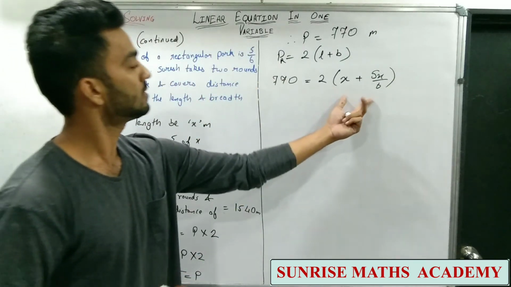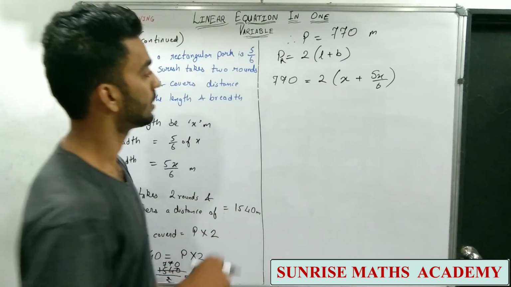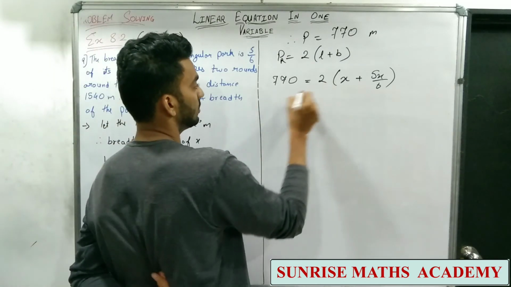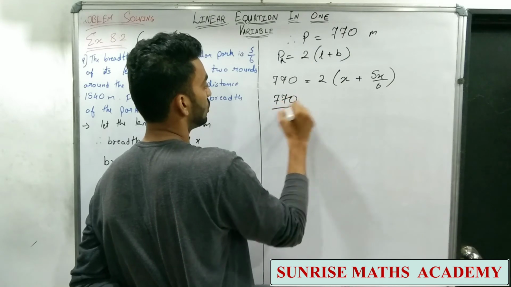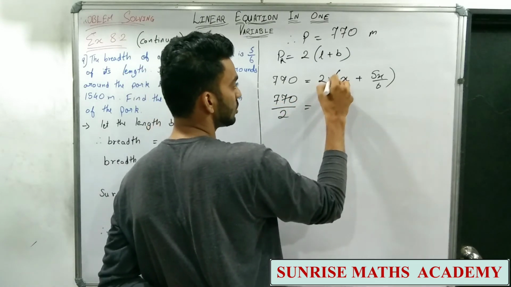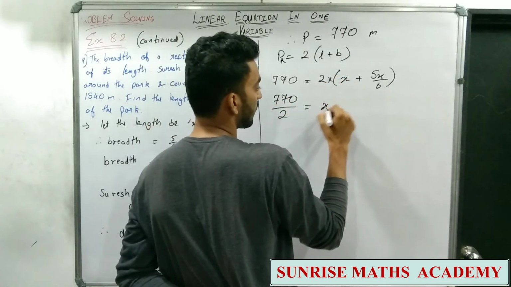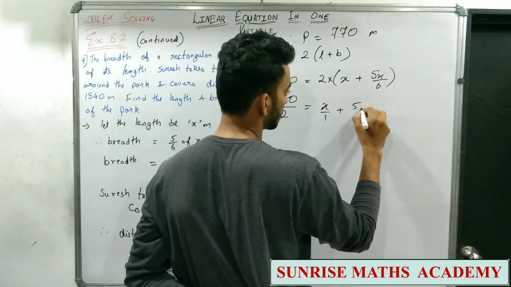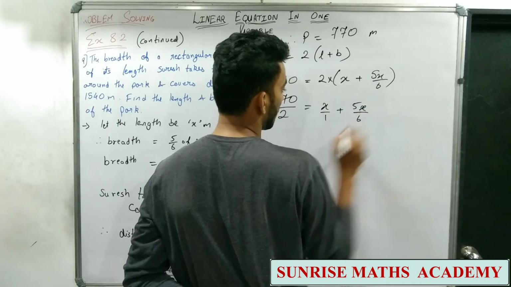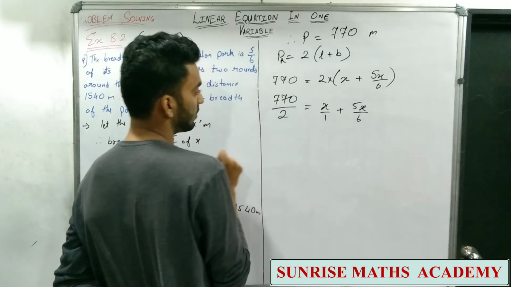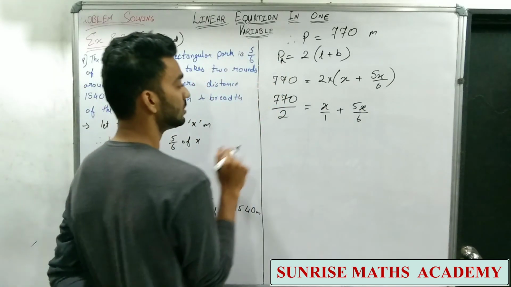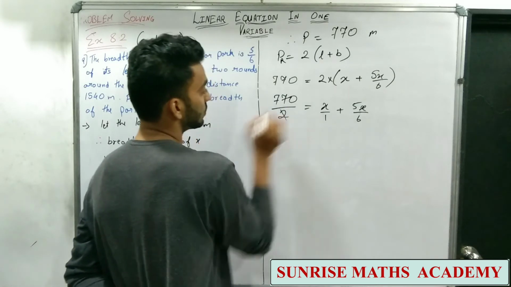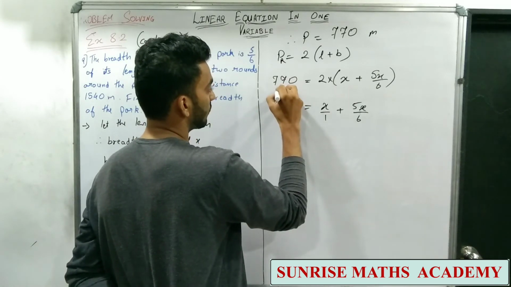Now we can add this and we can take this 2 on this side. So 770 upon 2 equals, this is multiplication, so here it will divide. x/1 plus 5x/6. LCM is 6 here, and we can do the cancellation at this stage.